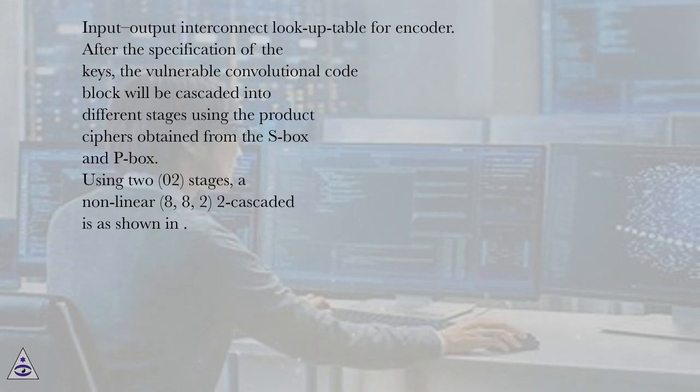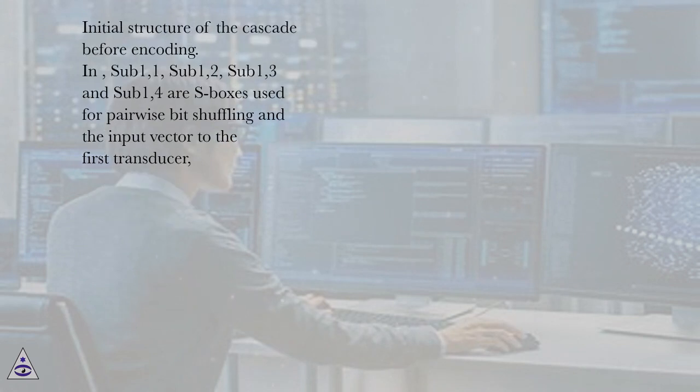Using 2 stages, a nonlinear 2 cascaded is as shown. Initial structure of the cascade before encoding. N, S1,1, S1,2, S1,3 and S1,4 are S boxes used for pairwise bit shuffling and the input vector to the first transducer.